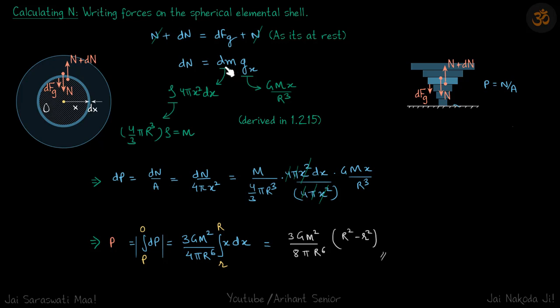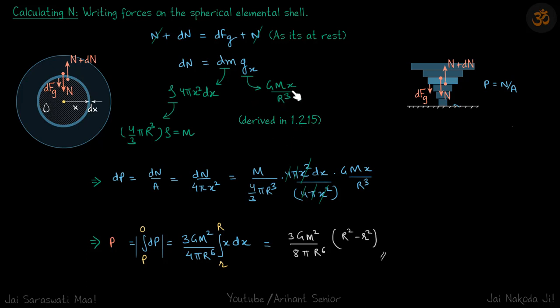Now dm, that is the mass of the shell, is rho into volume of the shell, and rho is given by M upon total volume of this whole sphere, because mass of the whole sphere is given as capital M. And g at a distance x, we have already derived, that's a standard result for a uniform sphere.